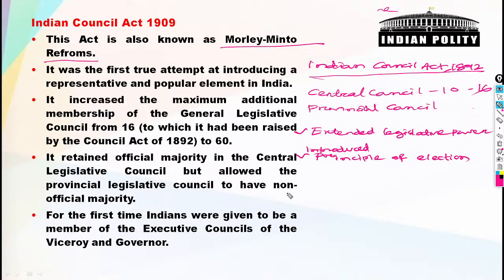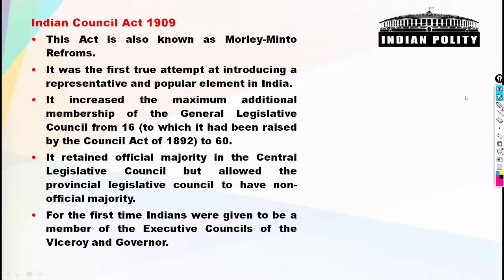Another notable drawback, or you can say a negative phenomenon of this act, is that it introduced a communal electorate system. Apart from the good things, it also initiated a very destructive phenomenon in the Indian context, the communal system.